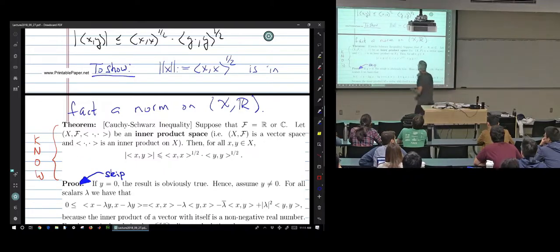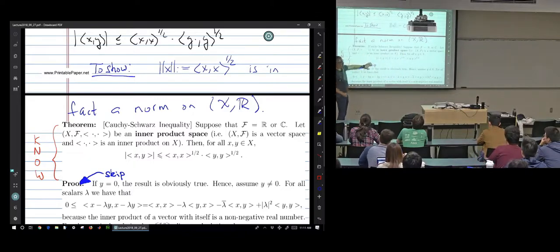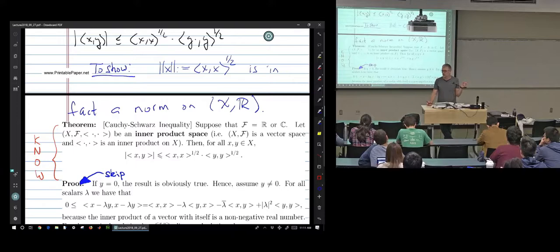So the question is, should I be putting a 2 here? Because in the 2-norm, when we're on R2 or when we're on functions, it's really this, okay? The thing is, we will do more general inner products yet, and then it will not be the 2-norm, so it's a bad habit to put it there. It would be correct for the early part of the course, though. So I understand the question, and thank you for the square root, because I was going to need that really quickly here. So you saved me.